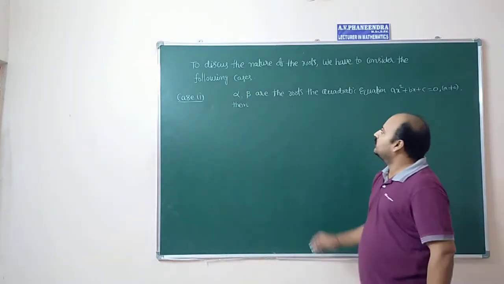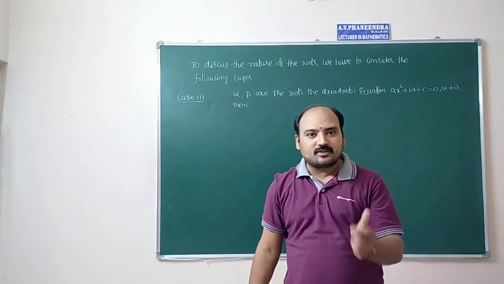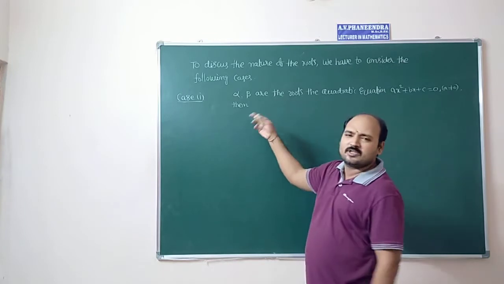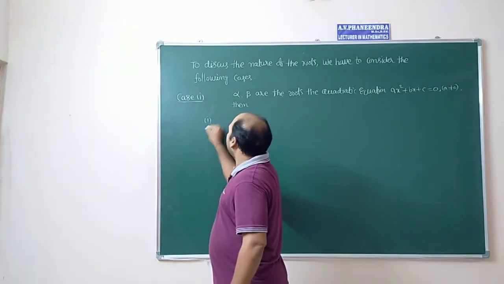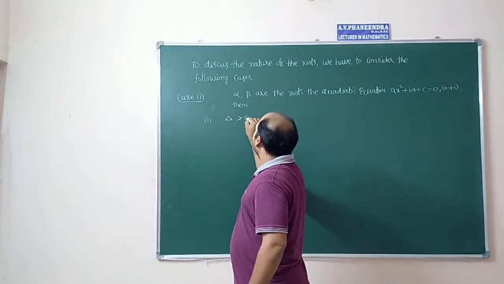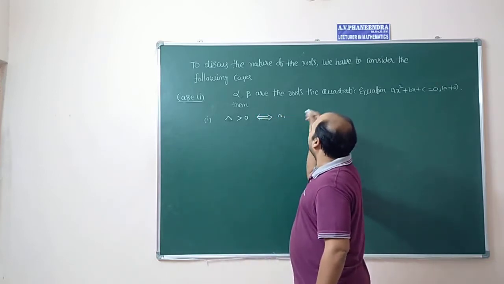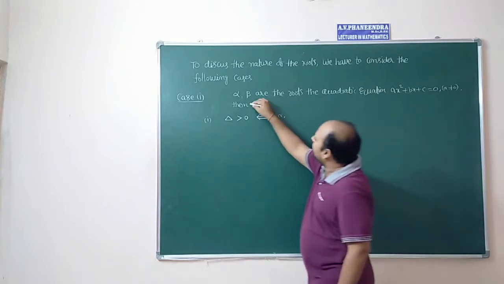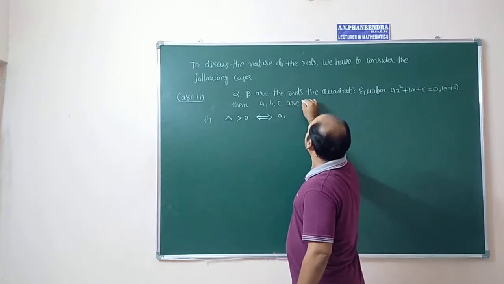the nature of the roots depends on delta. Delta means the discriminant of the quadratic equation. In the first case, a, b, c are real numbers.